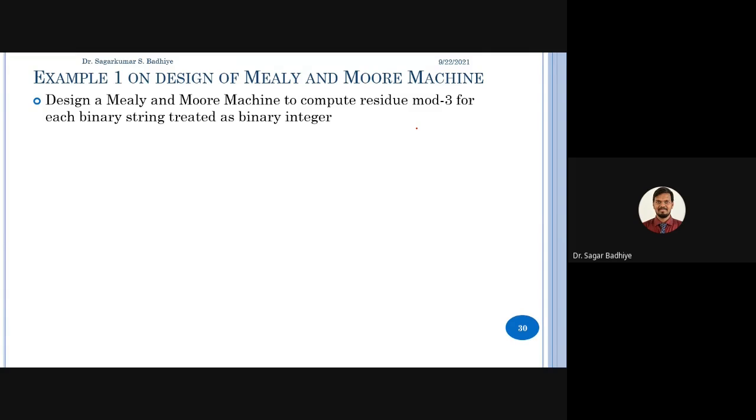If the input is 011 or 11 only, the output should be 0. If the input is 1 only, that is 001, the output should be 1. So let us try to design this.